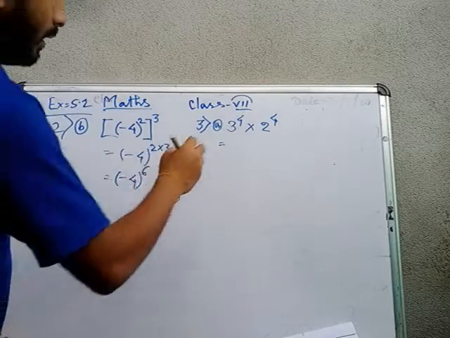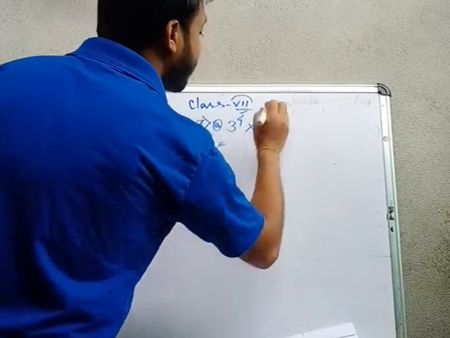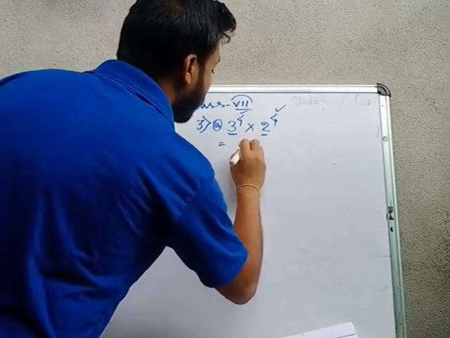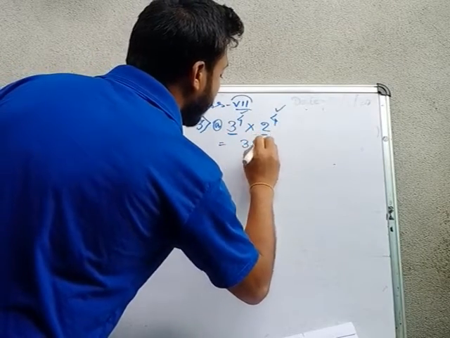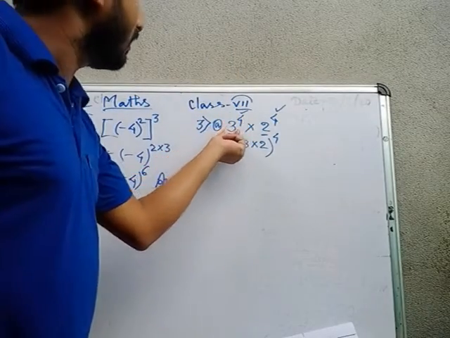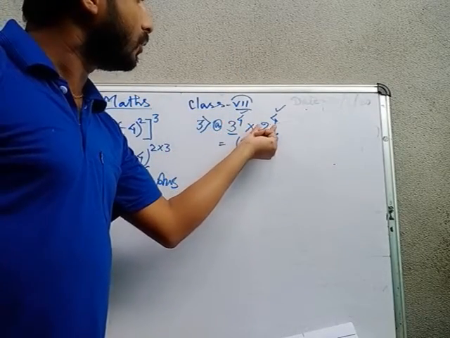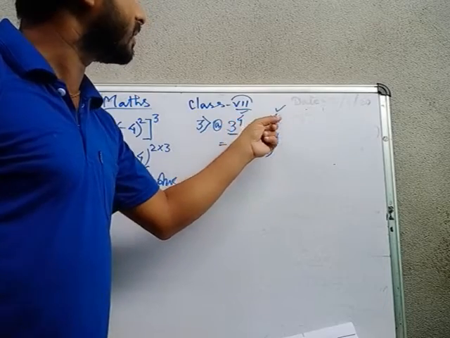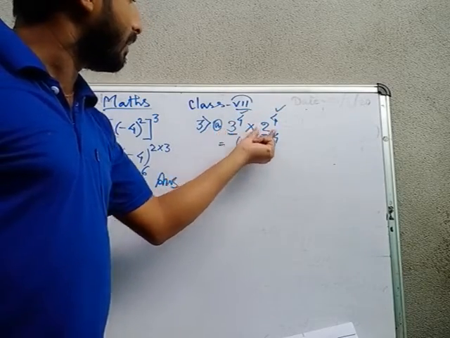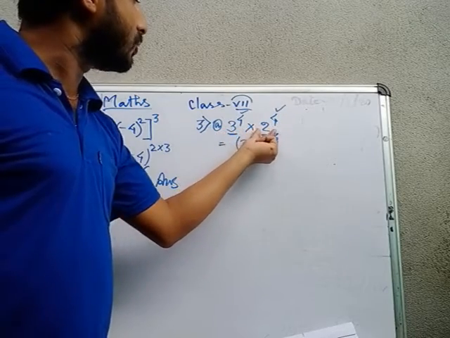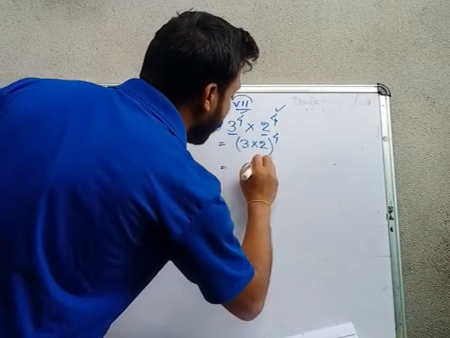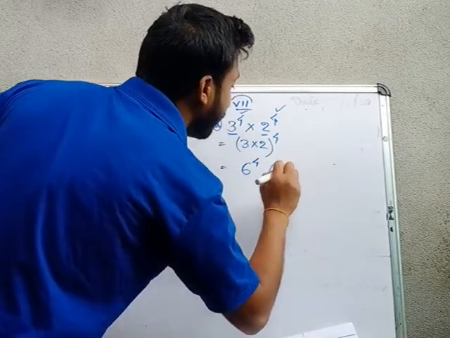Okay, if the power is the same, on that time we should just write here 3 multiplied with 2 and power will be 4, because power is the same, 3 to the power 4, and here also 2 to the power 4. That means the power is the same. If the power is the same, on that time we should multiply the base numbers. That means 3 and 2. 3 times 2 is 6. So it will be 6 to the power 4. It is the answer. You understand?